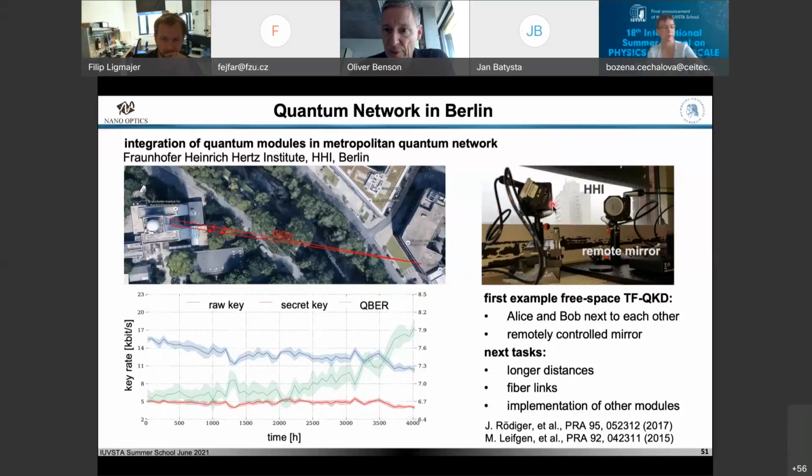And we tried some free space connectors here, and we also tried some connectors at fibers and achieved here in some demo experiments, some qubit key rates. So the rates of secret key transport is something like in the 10 kilobits per second range. That's not a world record, but these are just some first test networks that we are setting up.